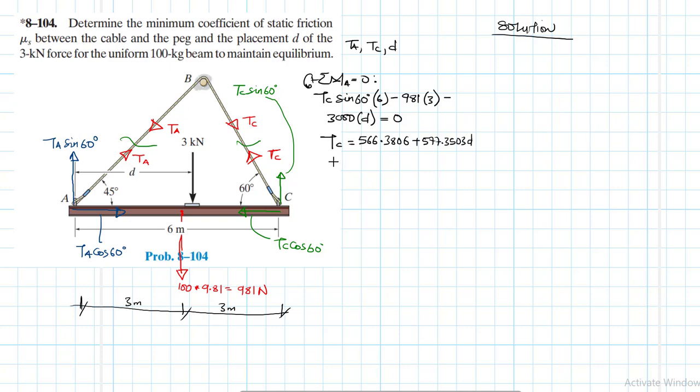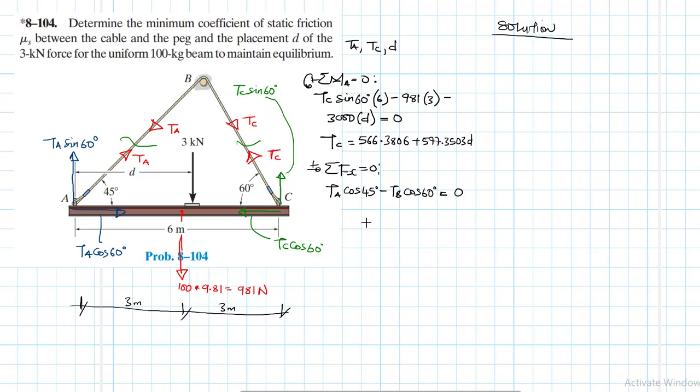Then we have the summation of forces in the x direction. What do we have? We have TA cos 45 minus TC cos 60, equal to 0.